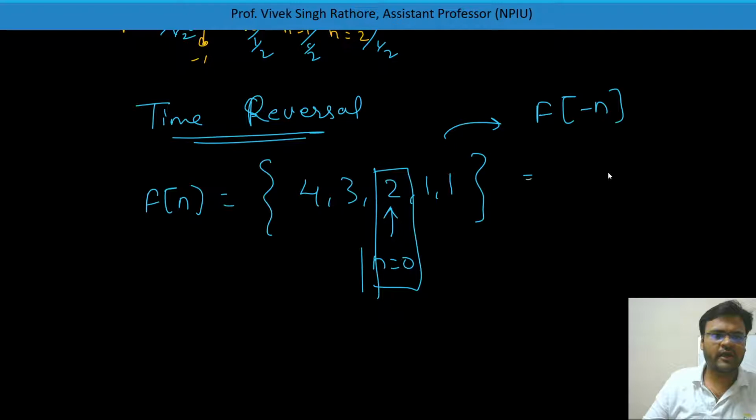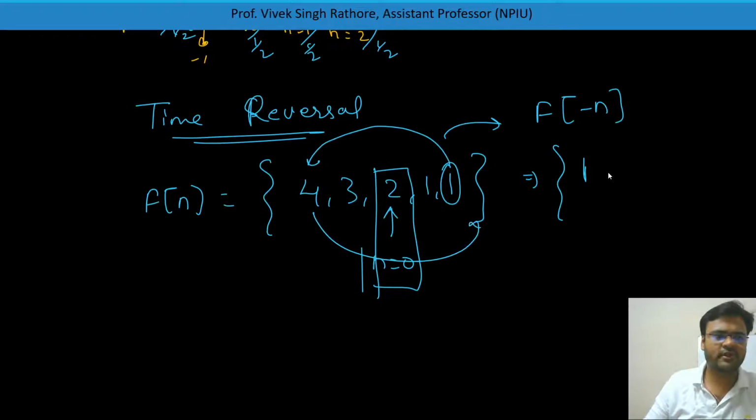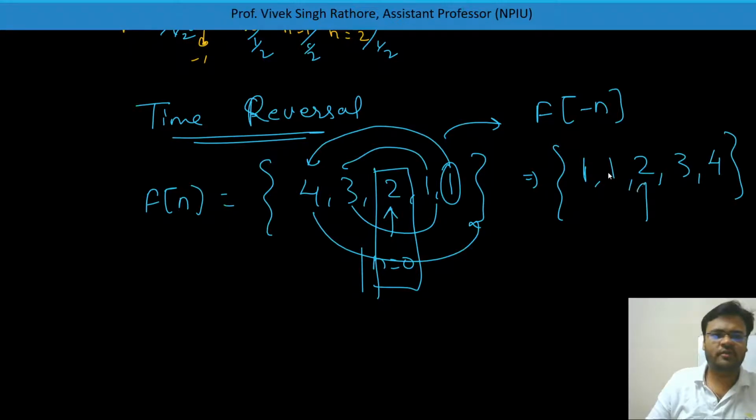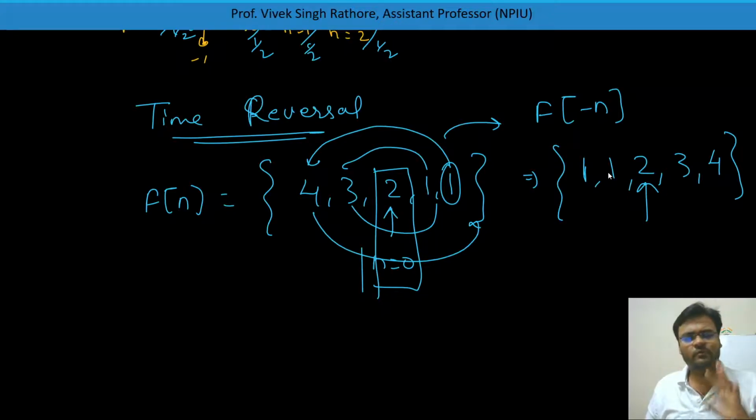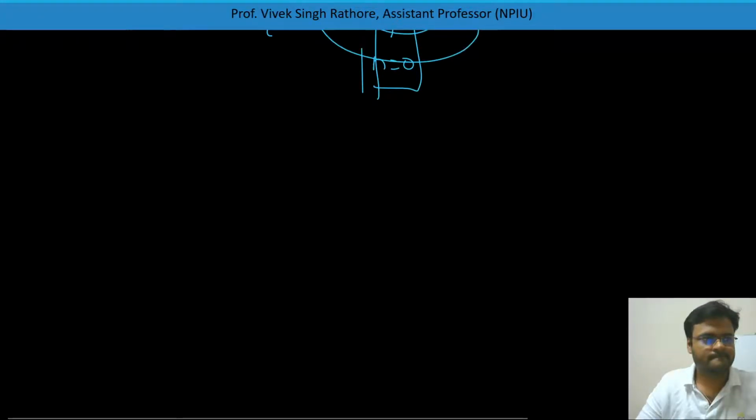So f of minus n can be written as: 1 will be there, then 1, then 2, then 3, and then 4. Simple, nothing more than that. Just keep the n is equal to 0 value and flip.